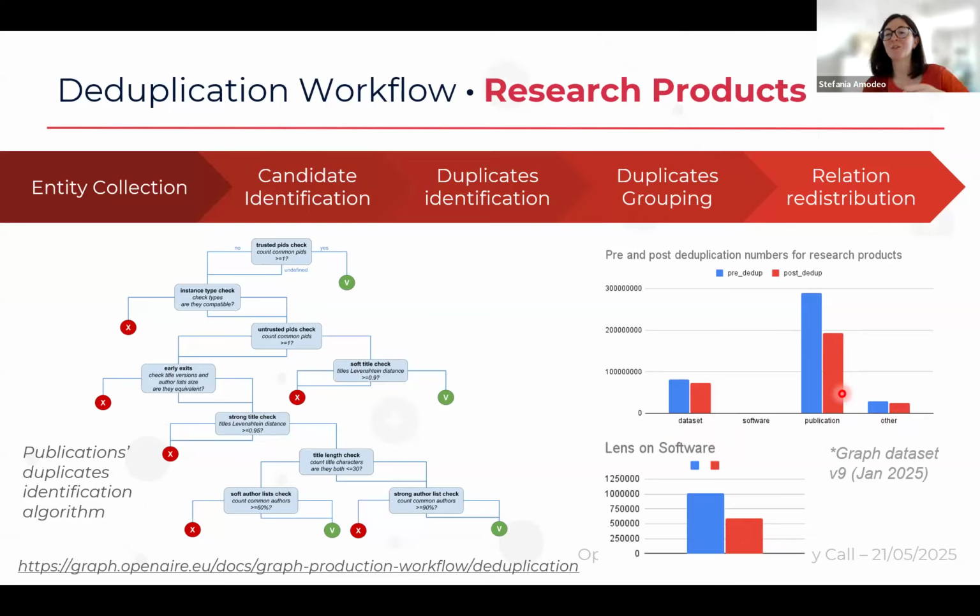And what OpenAIRE aggregates, the starting point, is what you see here in blue. Even without looking at the exact numbers, this is an important cleaning step to perform. And okay, this is for the research products.